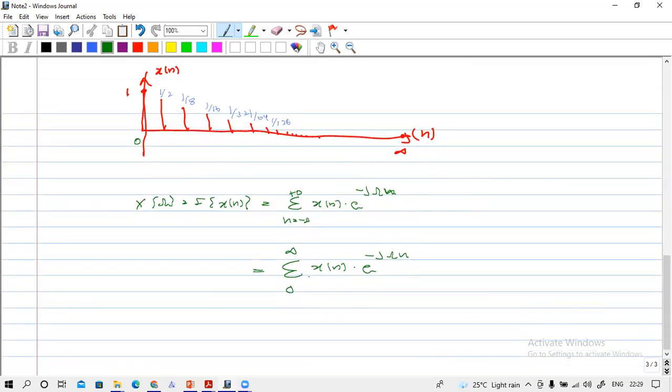So you have x[n] equal to (1/2)^n e^(jωn), and it is from 0 to infinity.